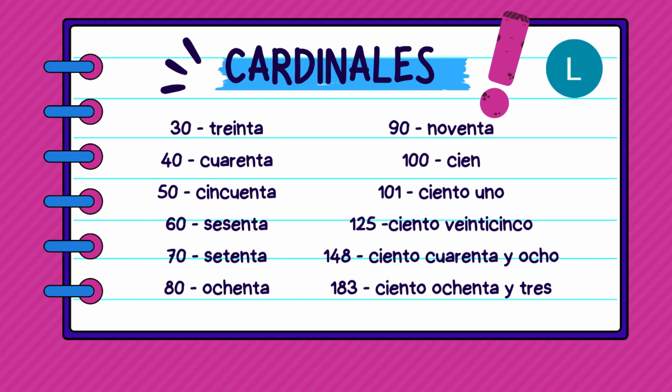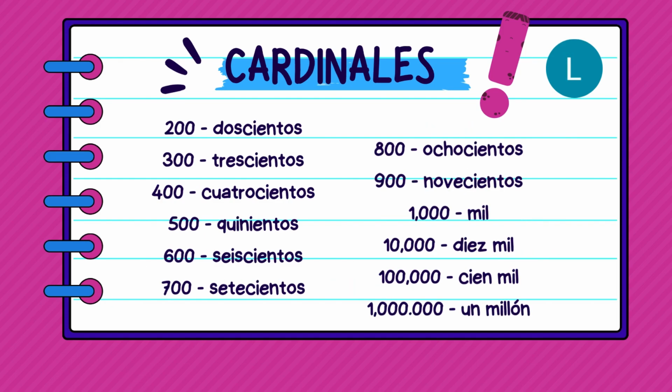And then 148, ciento cuarenta y ocho. I'm going to tell you the difference between cien and ciento in just a second. 183, ciento ochenta y tres. Okay, let's remember that 100 was cien.